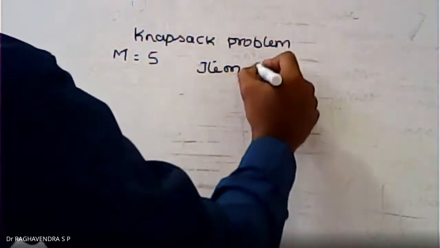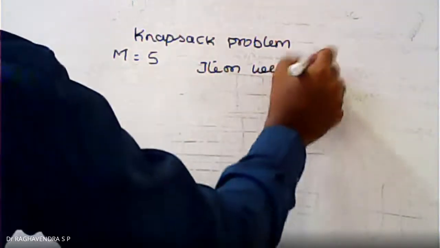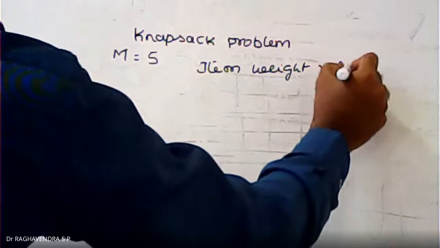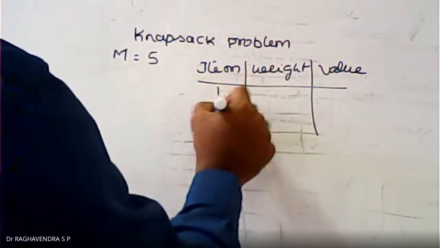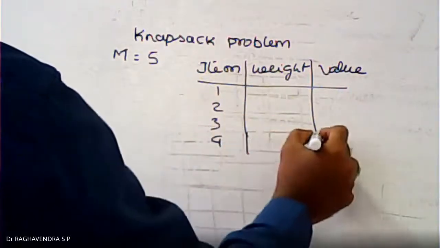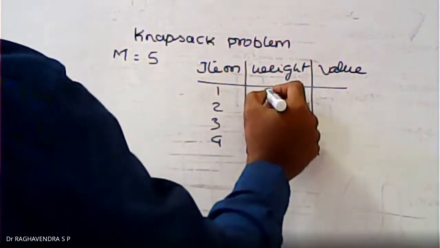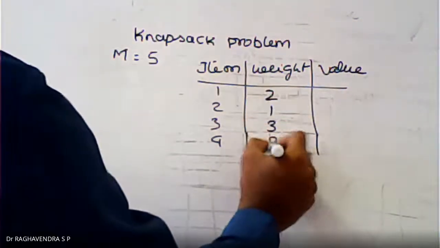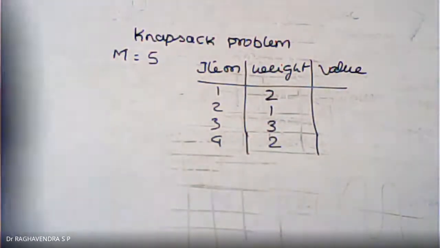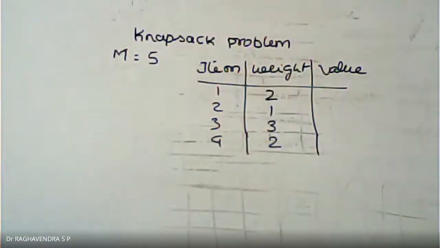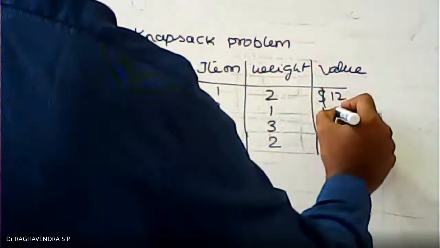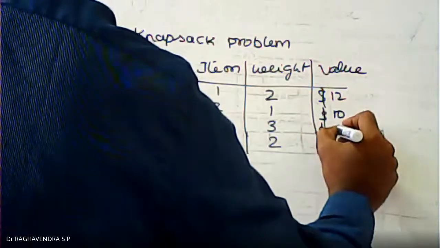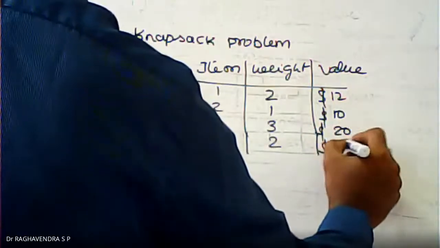So item, weight, and value. If you take the items 1, 2, 3, 4, the corresponding weights are 2, 1, 3, 2. So the values are 12, then we have 10, and we have 20, and we have 15.